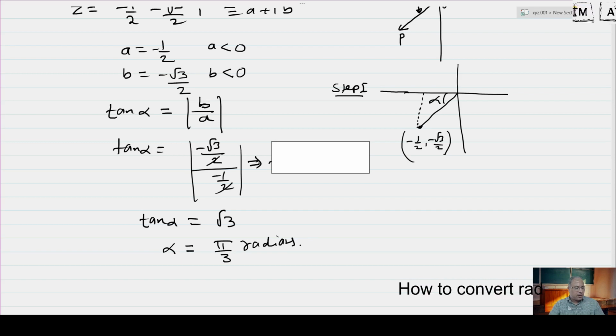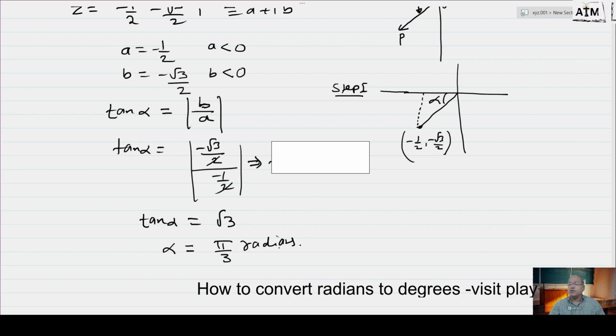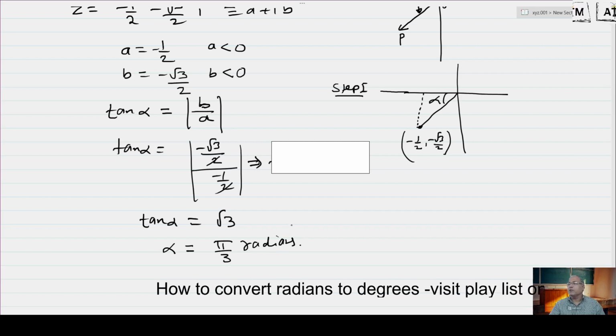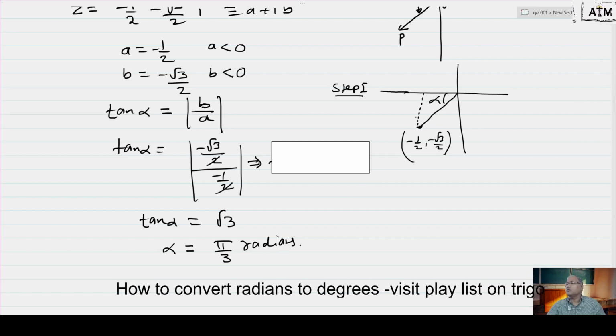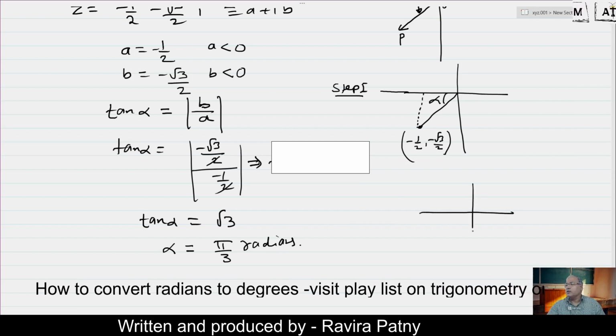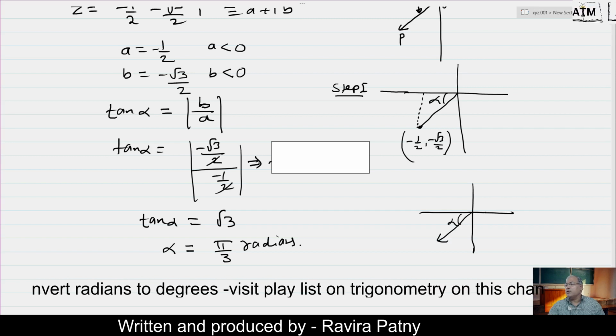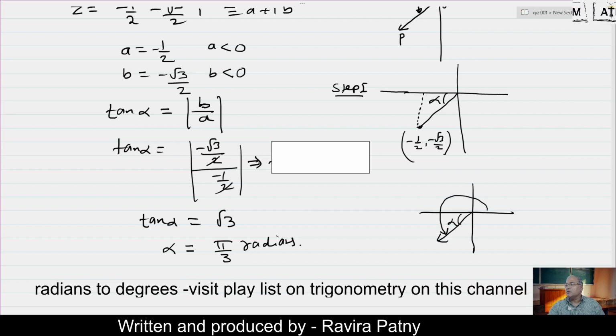We can get the answer in degrees also, but I leave it to you to calculate in degrees. I have calculated this problem in radians. From the diagram, we have taken this angle as alpha, but this whole angle is theta.